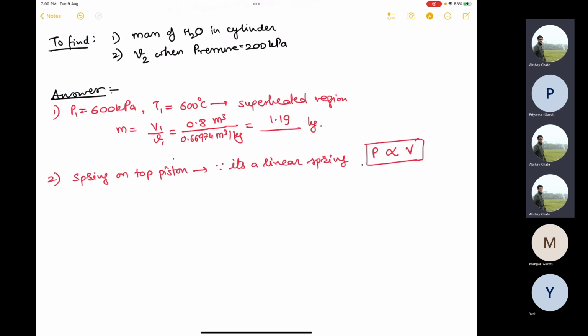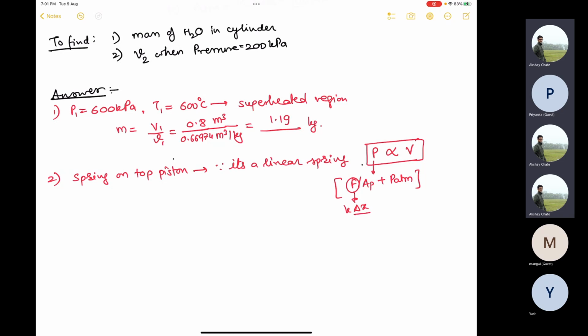Now this is a very tall claim. How I am saying this is because I'll give you an intuitive proof. Your pressure is nothing but the force divided by area, the piston area in this case, and this force is essentially plus P atm. This atmospheric pressure is there. So this is essentially your total pressure. This P is linearly proportional to the deflection in the spring.